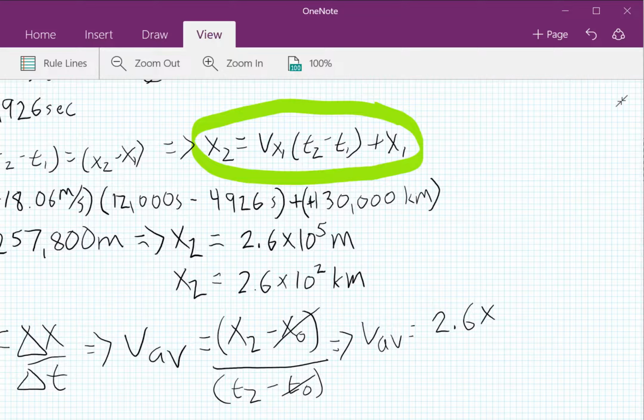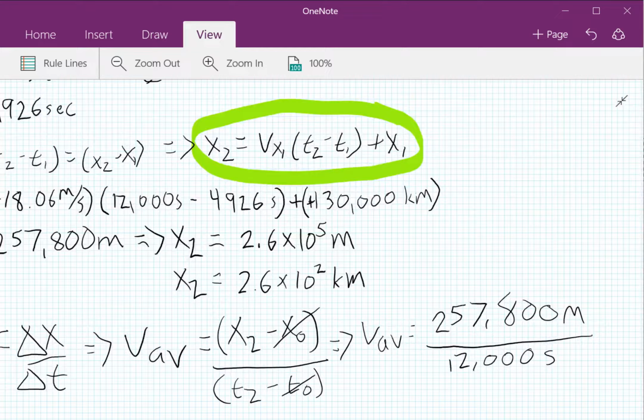I'm sorry, you shouldn't be using 2.6. Technically, you should use the 257,800 meters, because you don't want to use the rounded number because it will round your final answer, and you divide it by 12,000 seconds.